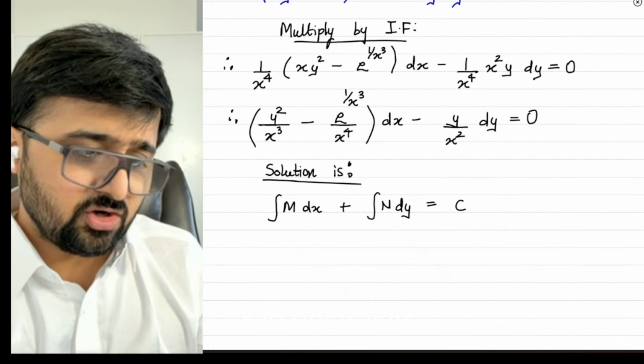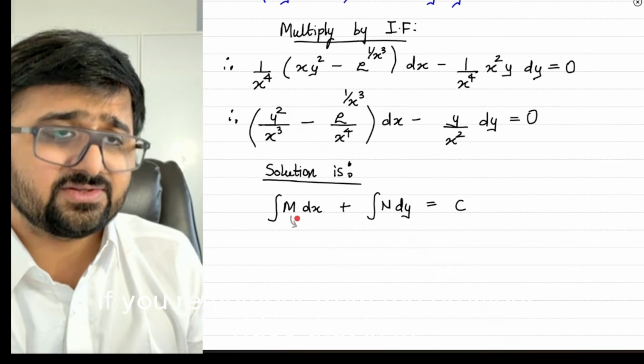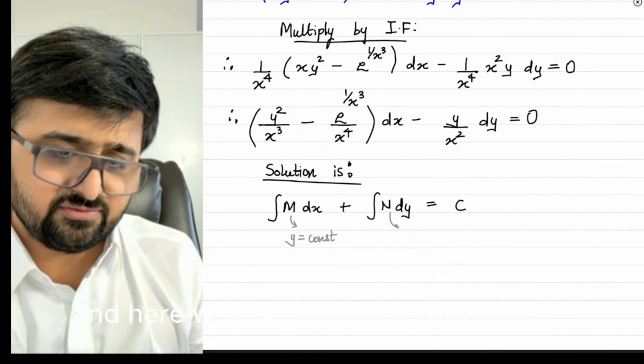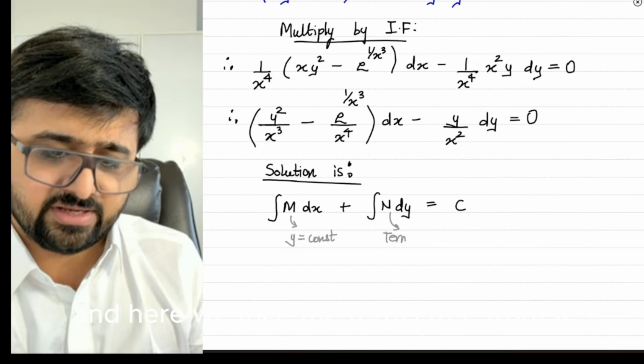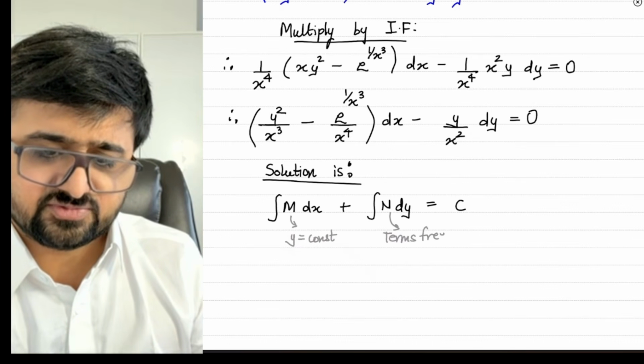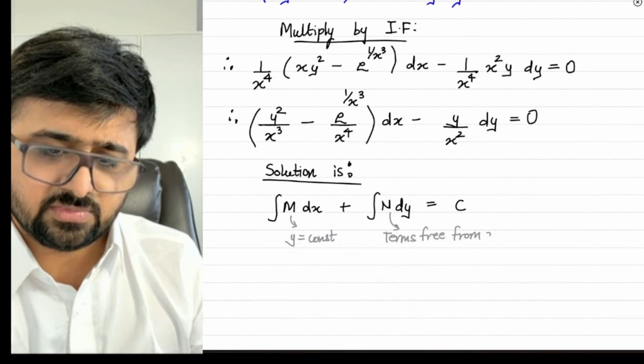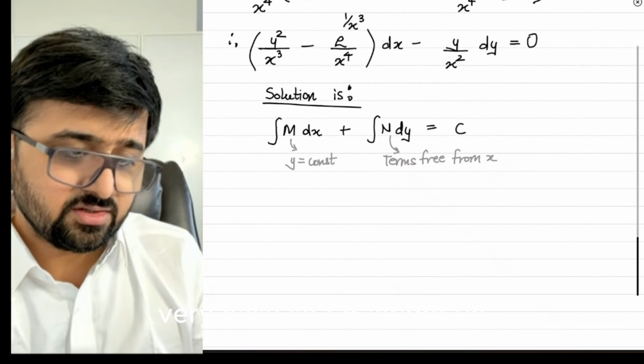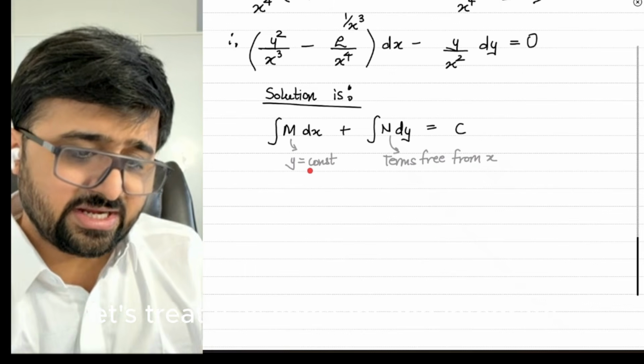If you remember from the previous video, in m we treat y as constant, and in n we take the terms free from x. Very easy so far. Let's treat y as constant and integrate.